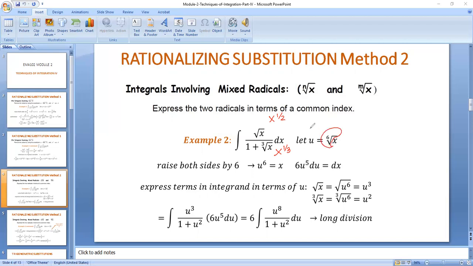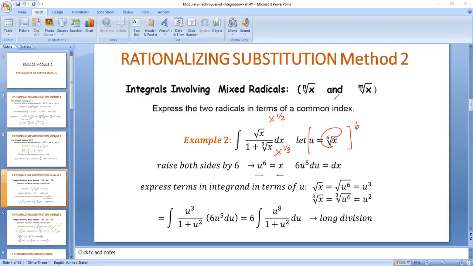How will you do that? You raise your substitution equation to the power which is the reciprocal of this nth root. So it should be raised to 6. After you have done that, it would be something like this: u raised to 6 is equal to x.